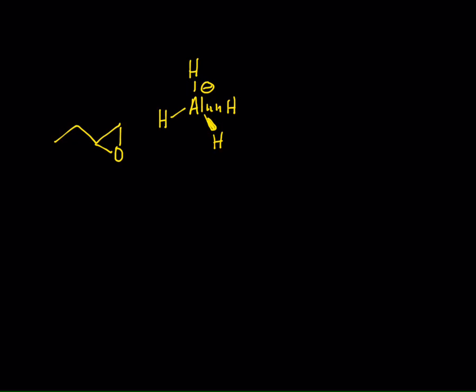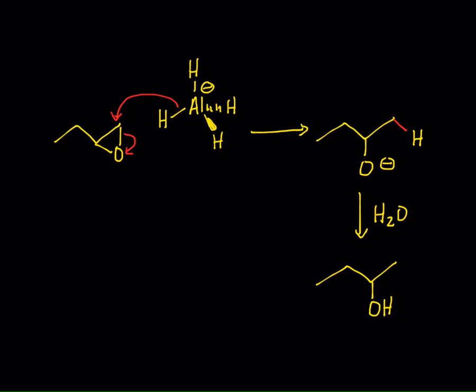The aluminum has a negative charge, high electron density, and so it attacks that least substituted, least hindered carbon, opening up the ring. Notice I'm transferring a hydrogen onto that carbon, and then I get an alkoxide. At this stage, I can treat that with water or the hydronium ion, and I get protonation. So that's how that mechanism works.